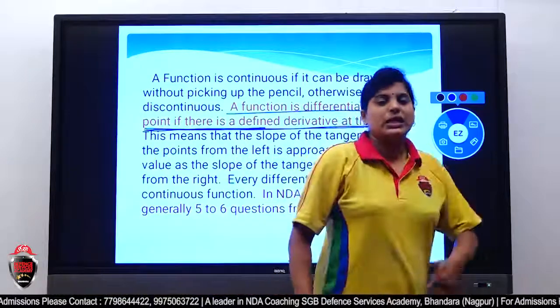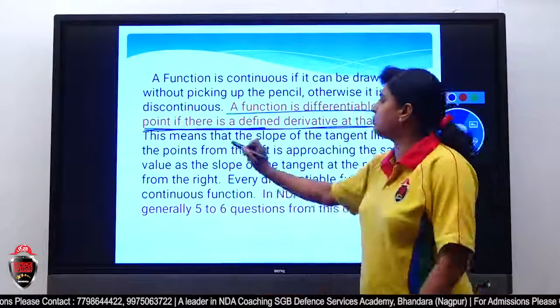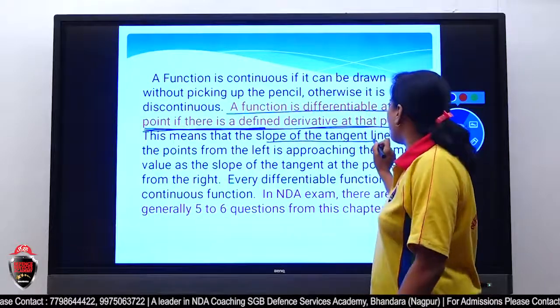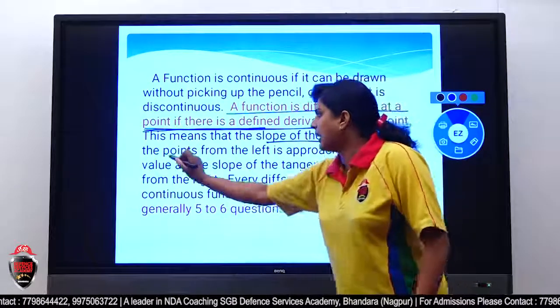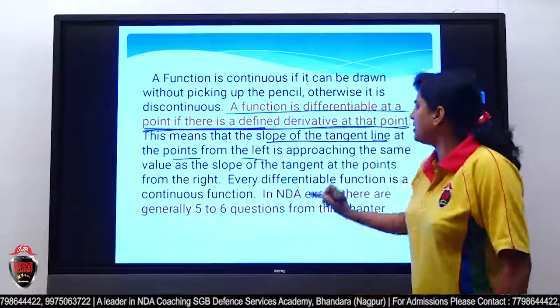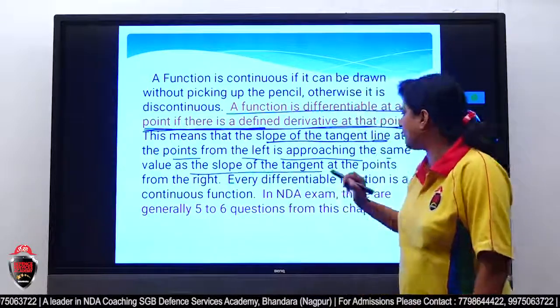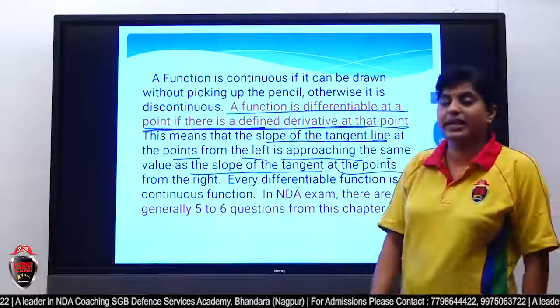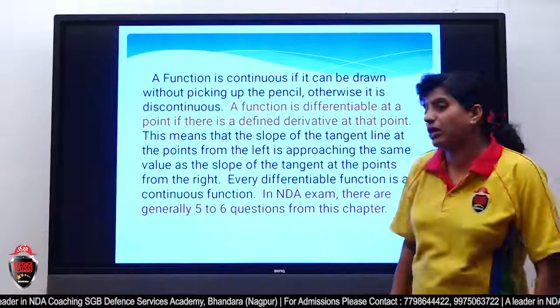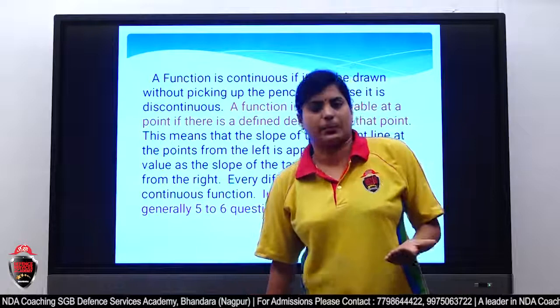Now as we move ahead, this means that the slope of the tangent line at the point from the left is approaching the same value as the slope of the tangent at the point from the right. Why are we using the word slope of tangent?